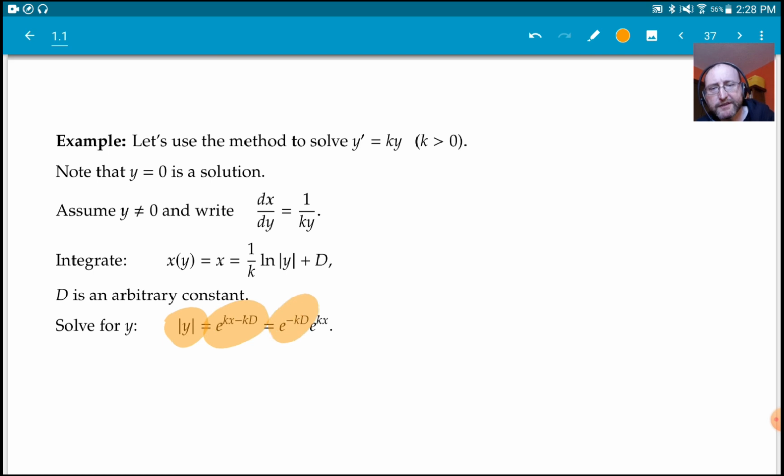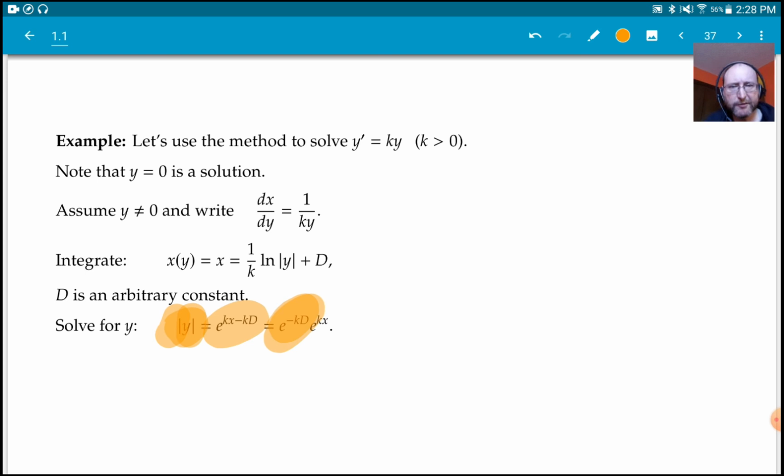I could pull the e to the minus kd out in front, so I have almost the thing that we said was the solution to the exponential growth model. There are a couple of things. I have the absolute values over here, and then I have this instead of an arbitrary constant.